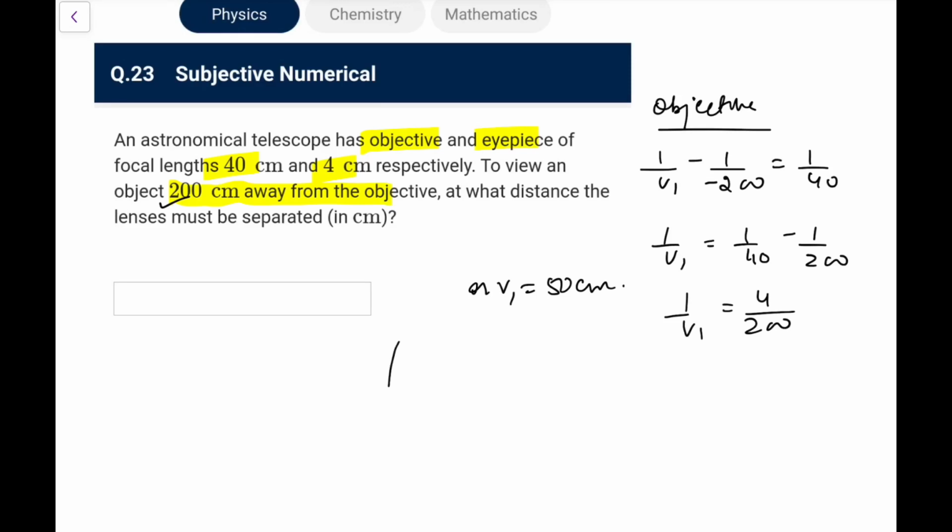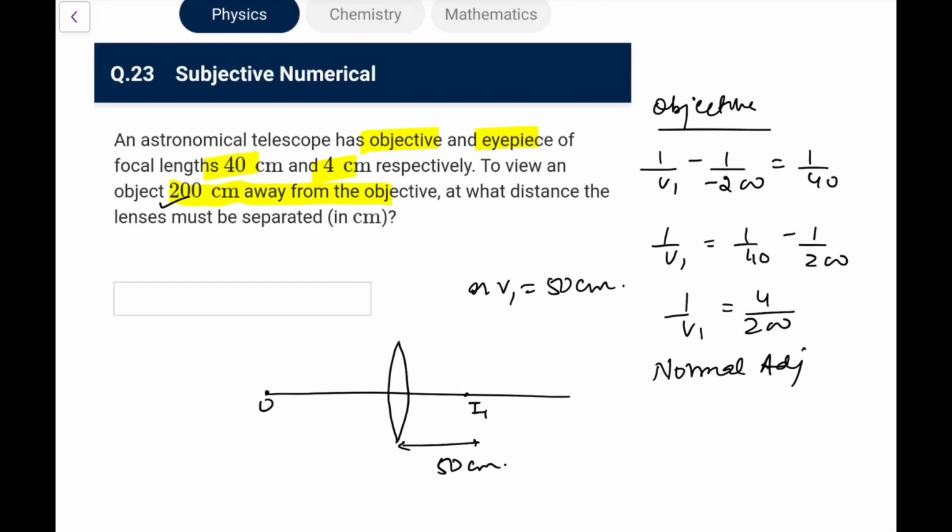So let me draw it like this. This is the first lens, this is the object, and let's say the image I1 is forming here, and this distance is given as 50, and the focal length of the eyepiece is 4 centimeters. If we take normal adjustment, this should be the focus of the second lens, that means this length should equal f of e, which is 4 centimeters.